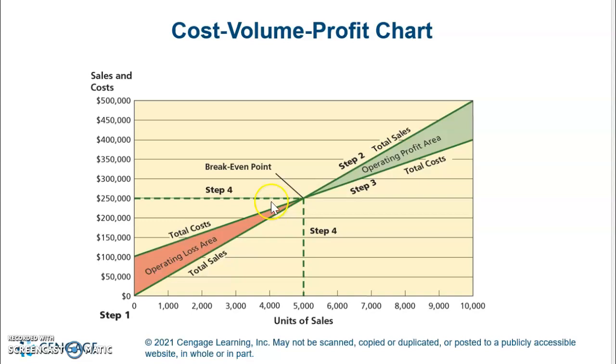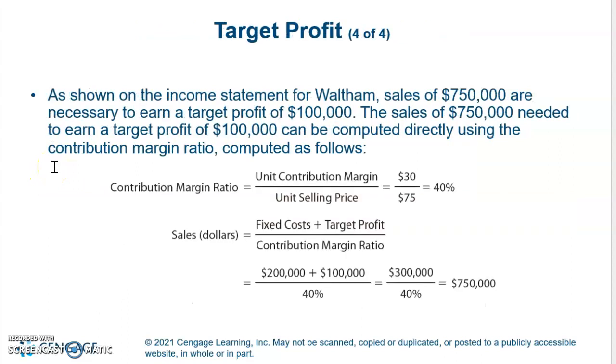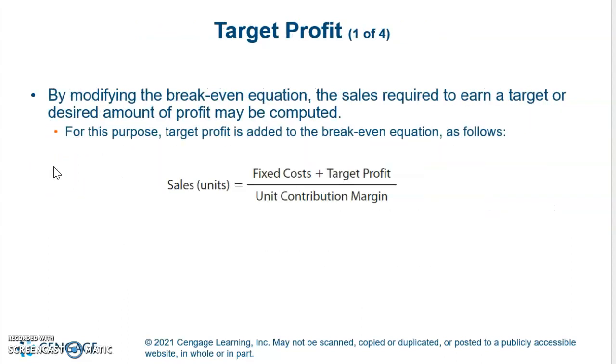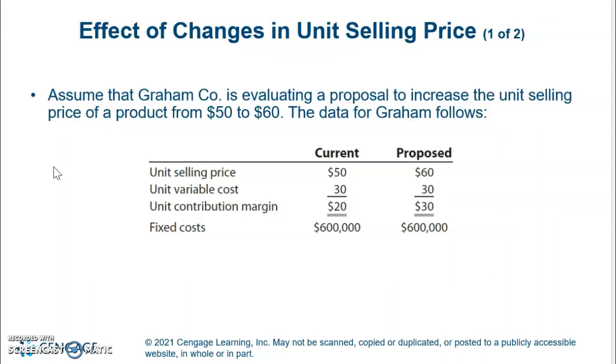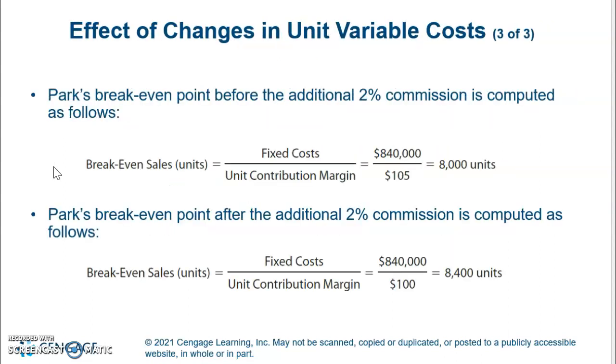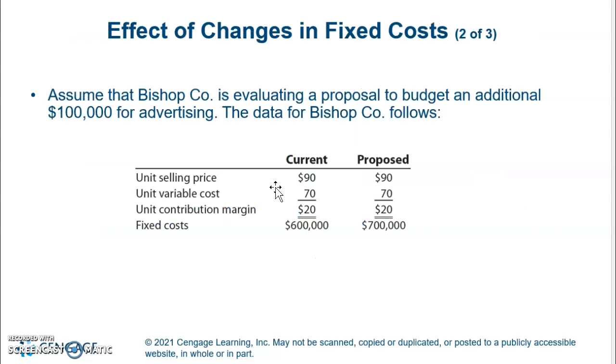And we found out earlier that our break even was 5,000. I believe we calculated that. Let me go back and see where that was. Okay, our break even was 8,000. Hold on, I gotta go back even further.